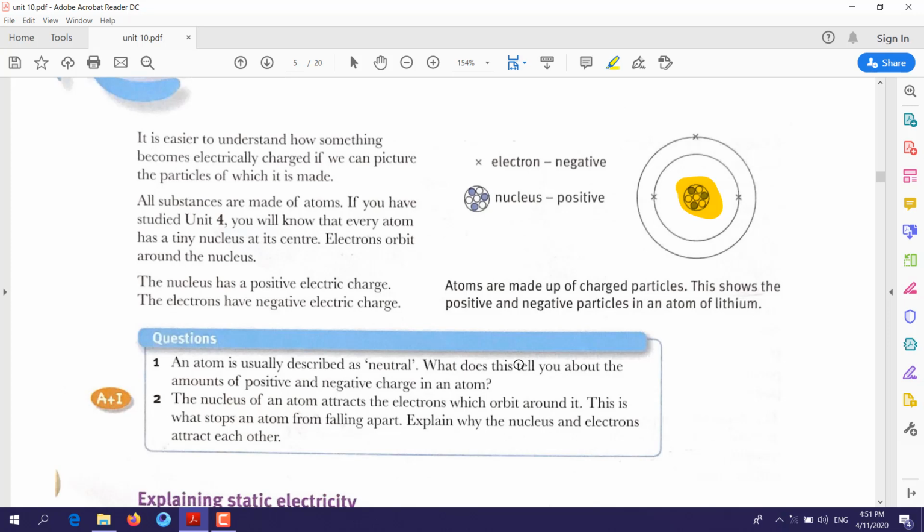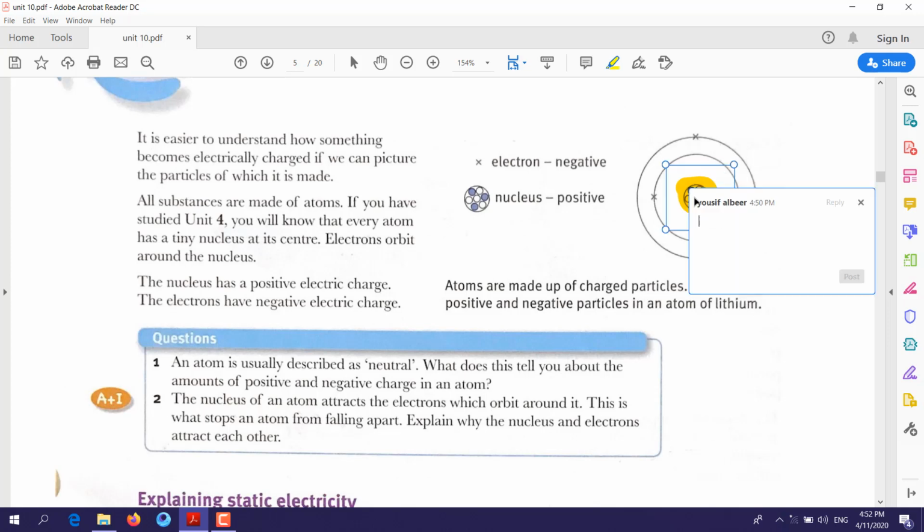It means the number of protons, which are positively charged, is equal to the number of electrons, which are negatively charged. So when the number of protons is equal to the number of electrons, these charges cancel each other.